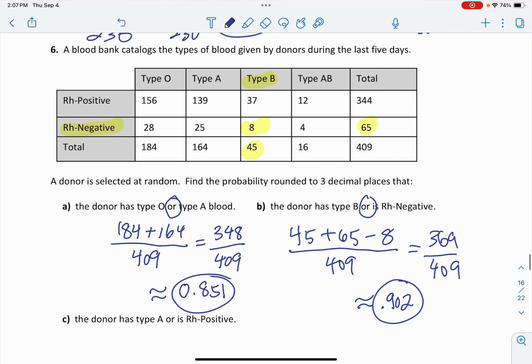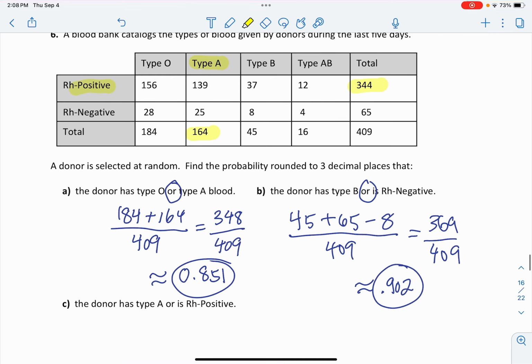Let's try one more of those. All right, let's clear all the highlights. Okay, type A, grand total, 164. Negative, positive, right there. Grand total, 344. So I'm going to add those together. 164 plus 344.